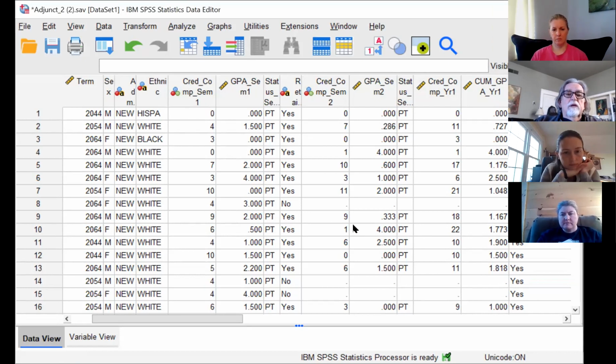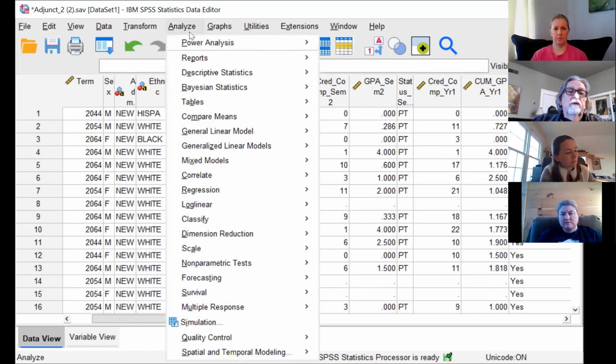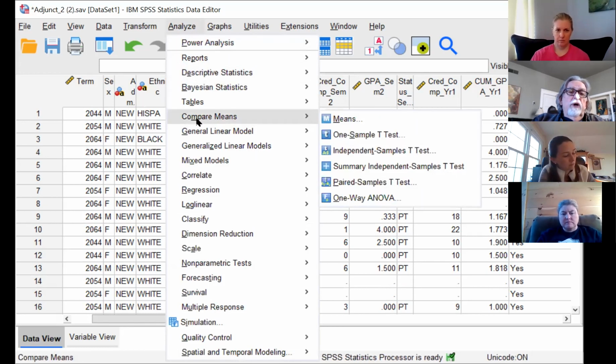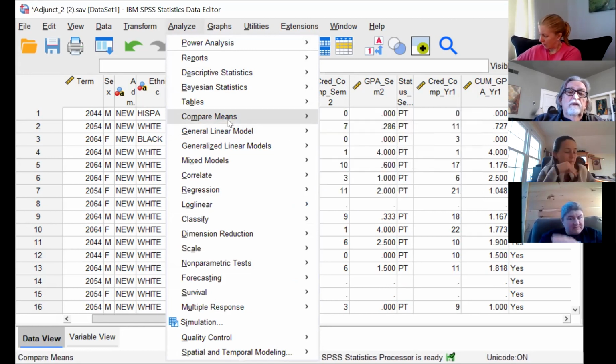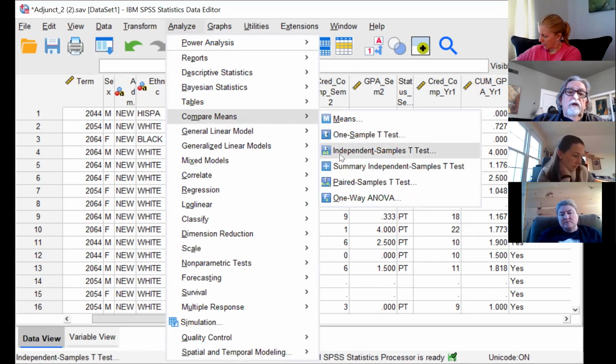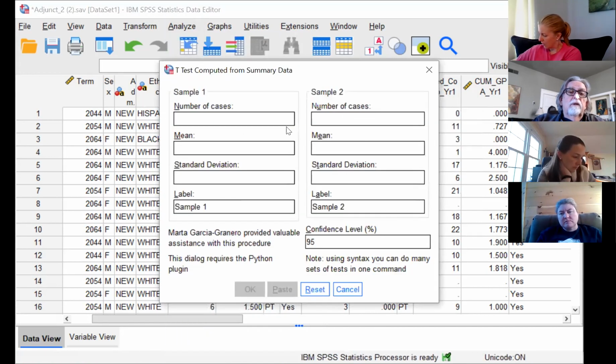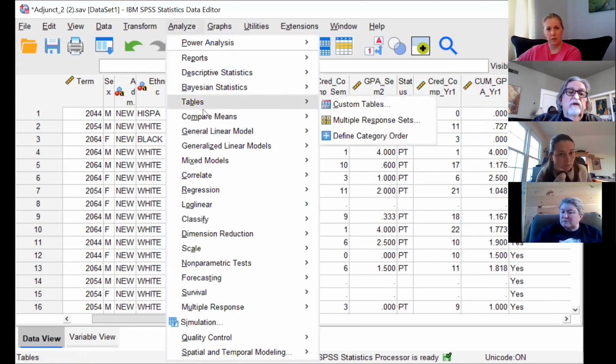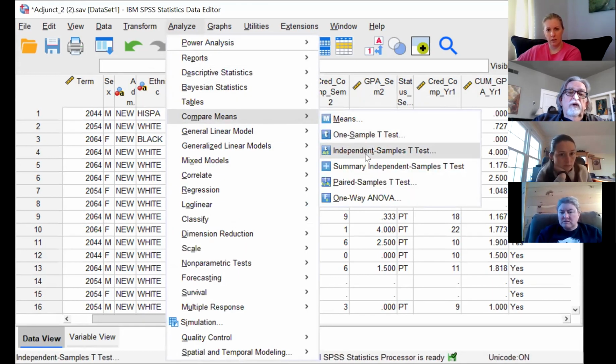Okay, so I'm going to go in and grab the first status. I'm going to analyze, compare means, independent samples t-test. Sorry, I went too far. Analyze, compare means, independent t-test.